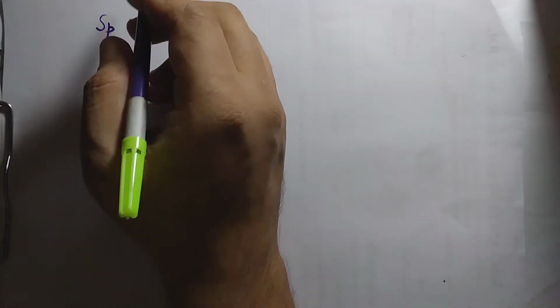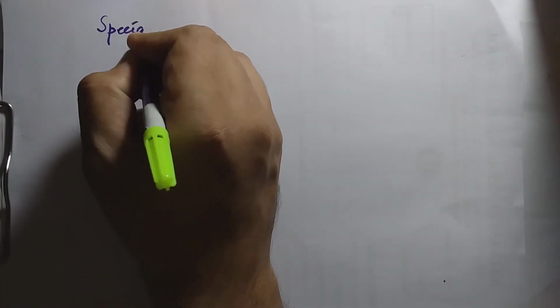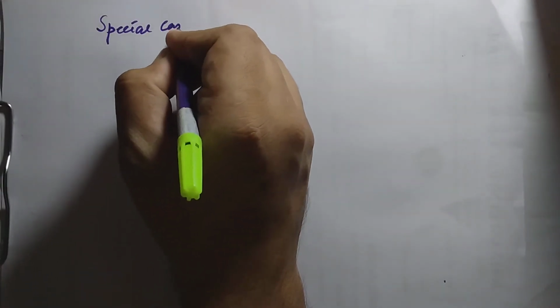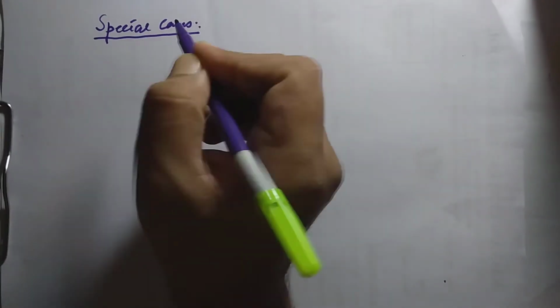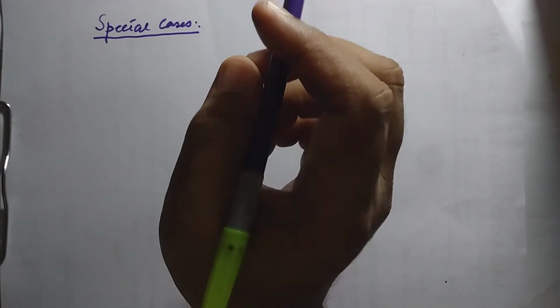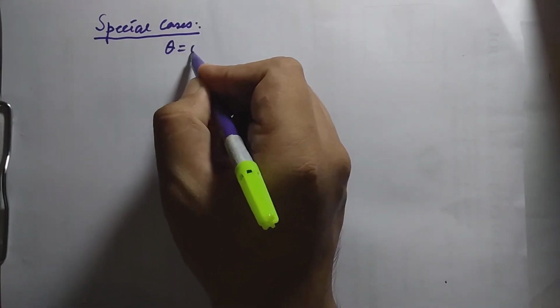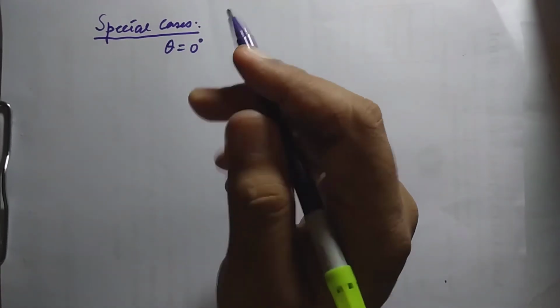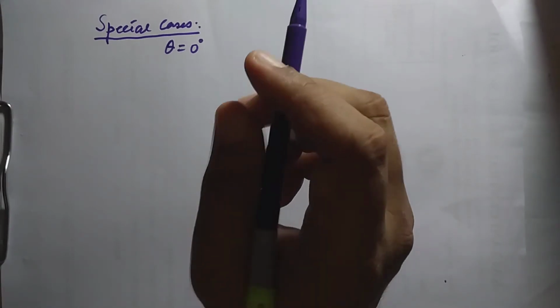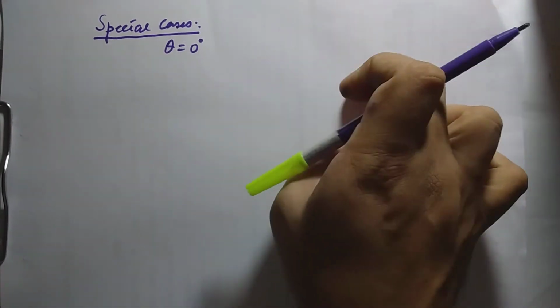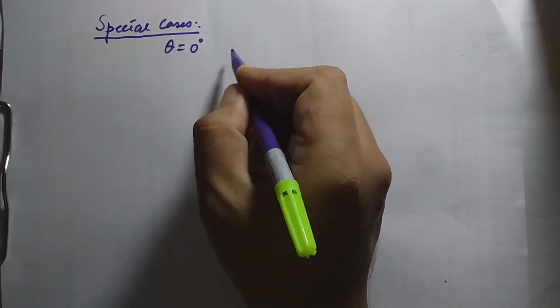So what formula did we learn? Special case. The special case is when theta is equal to 0 degree. Then what will happen? 0 degree means both the vectors are parallel to each other. So write down R is equal to how much?